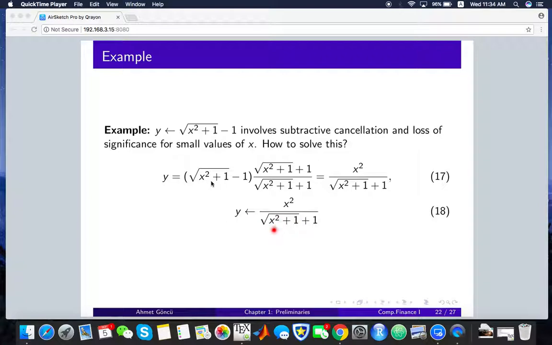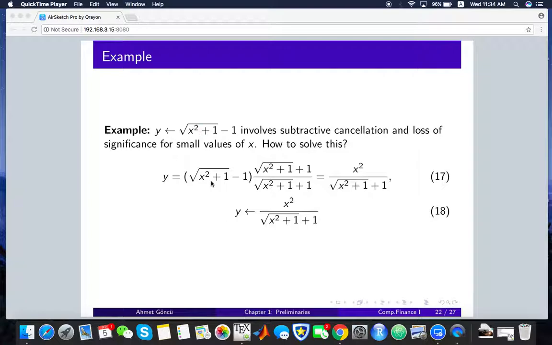In this expression, we will not have the problem of subtracting two very close numbers. Remember, if two numbers are very close, the rounding errors will bring us a higher relative error. But in this case, this expression will not introduce a high relative error.